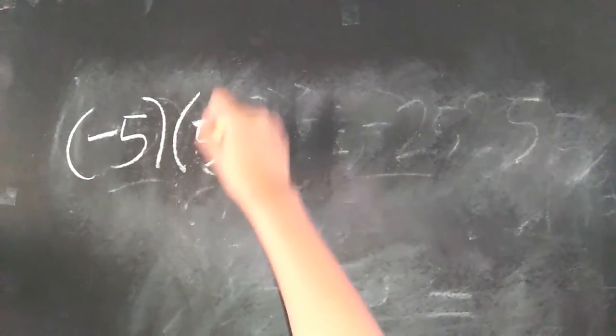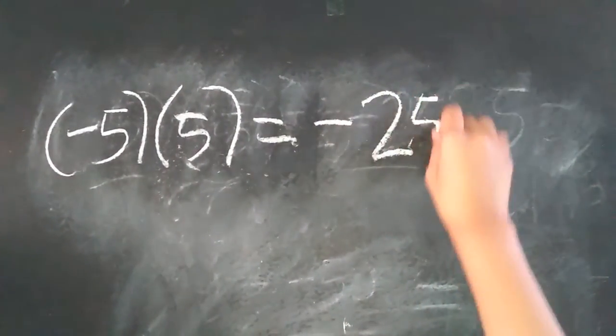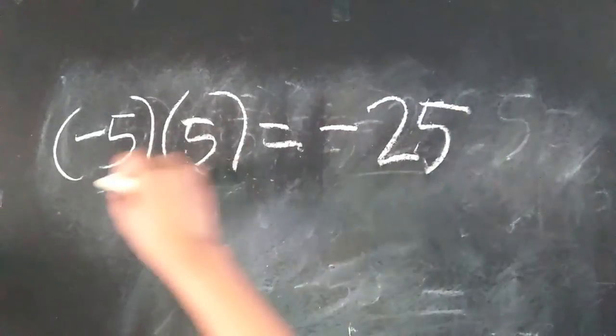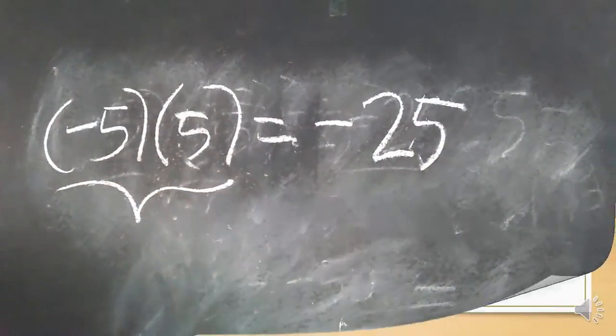We have -5 times +5 equals -25. It is negative since the signs of the two given integers are different.